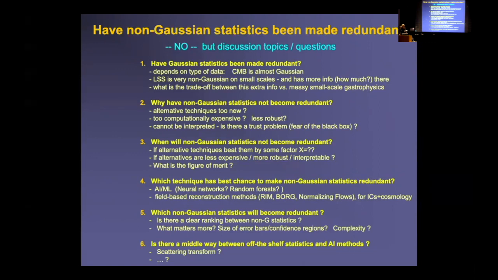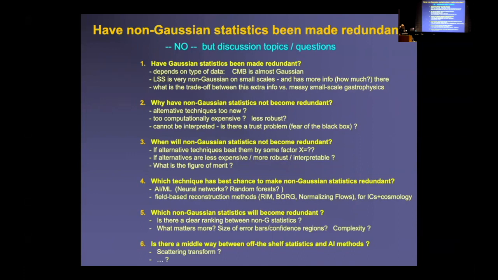The CMB is almost Gaussian, although we already heard from Colin that the non-Gaussian parts are important depending on what you want to do. Of course, the large-scale structure, as we've seen, is very non-Gaussian on small scales and has potentially much more info, although we could discuss how much more and do we know that number.